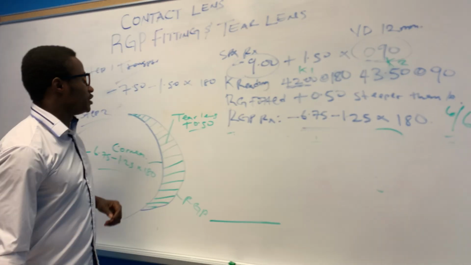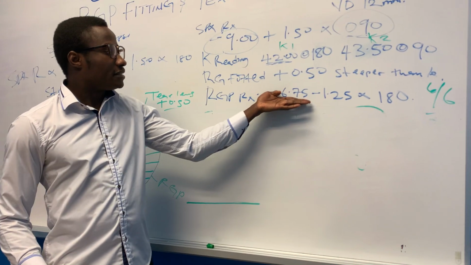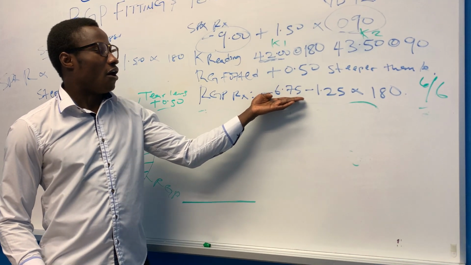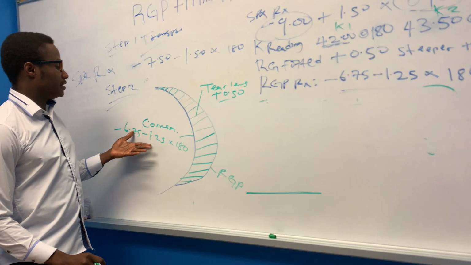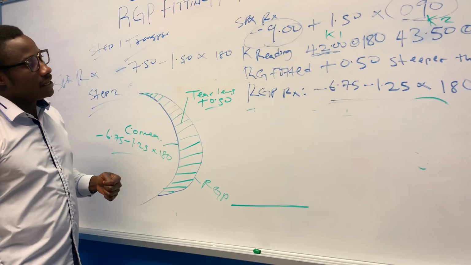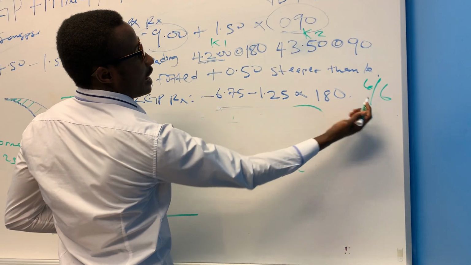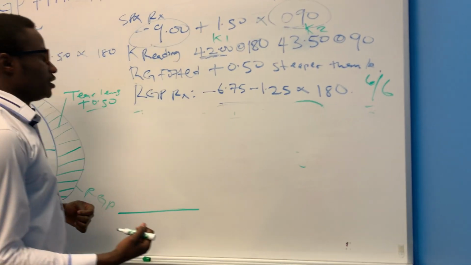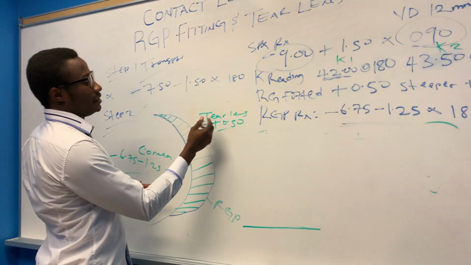Now back to our RGP lens. Now we are asked to fit this prescription on this cornea, which is what the cornea needs. And this prescription is expected to get the patient a VA of 6/6. Remember, we are creating a tear lens of positive power here.